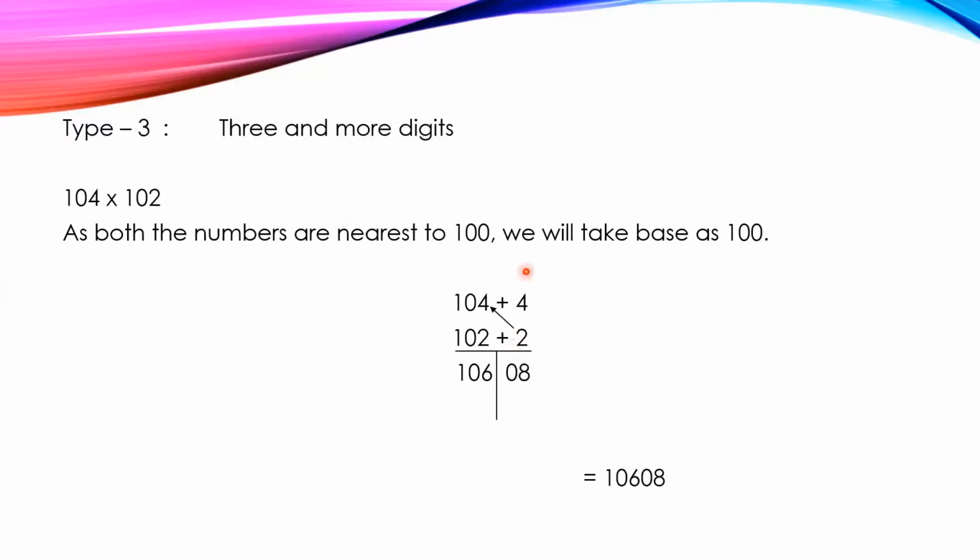So 2 fours is 8, but as 100 has 2 zeros, we will write 08. Now we can either do 102 plus 4 or 104 plus 2. In both the cases, we will get the answer as 106. So our correct answer will be 10,608.